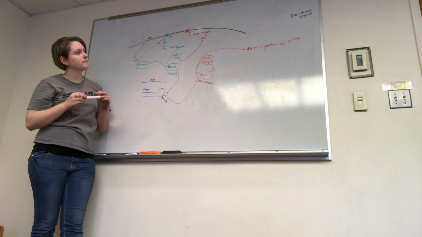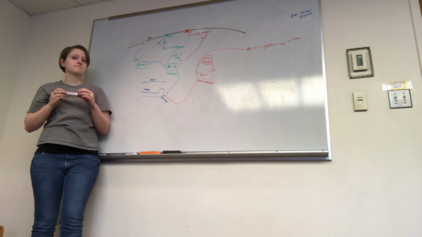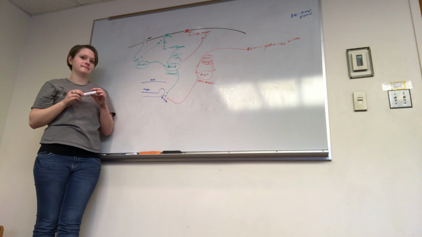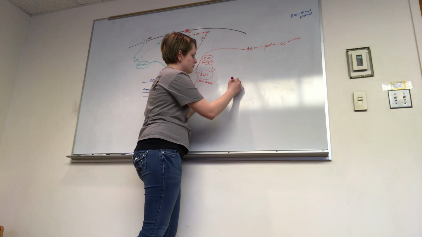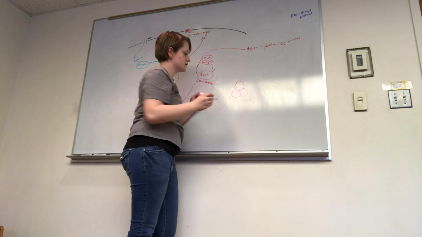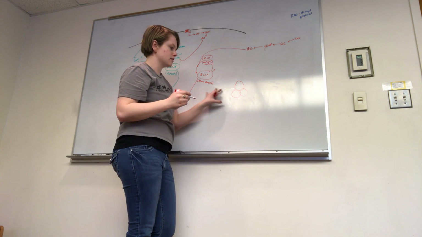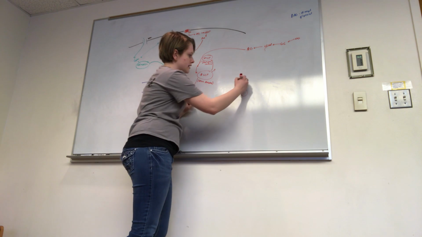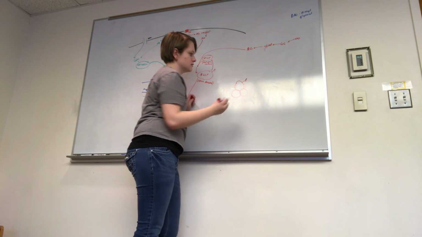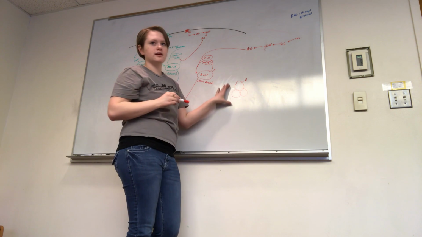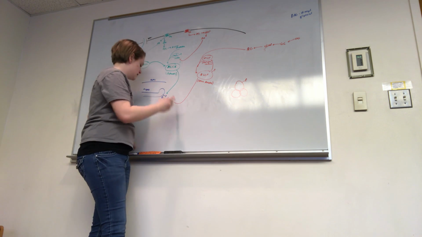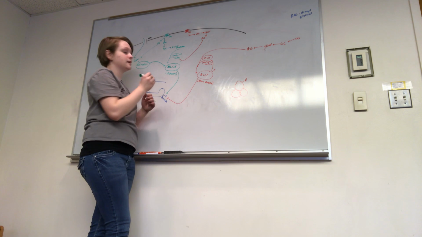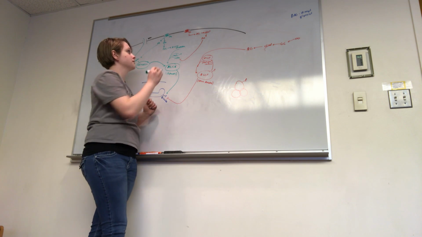PKC also dephosphorylates MLCP, right? Think of MLCP, I think it's either a tetramer or in three parts. Here is our little active phosphorylated area and it's working, so it's causing relaxation. PKC is a kinase, so it's adding a phosphate group.